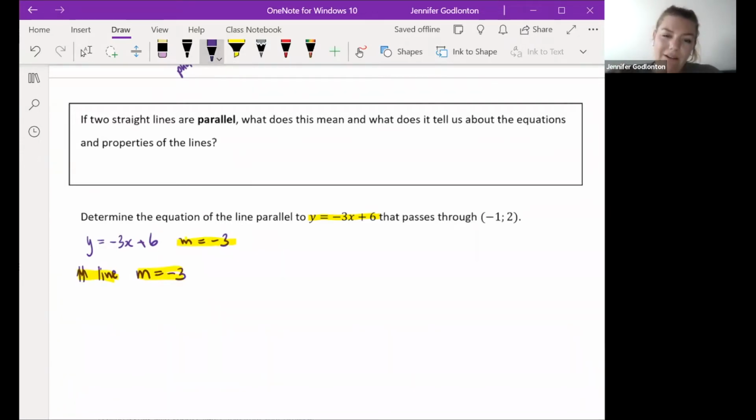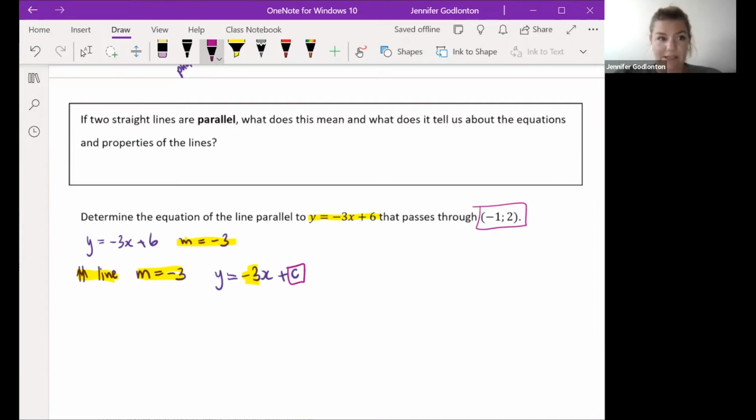So for my parallel line right now, I know I've got negative 3x plus c. Now let's read the second part of this question. It says that it passes through the point negative 1, 2. So I still need to find c.